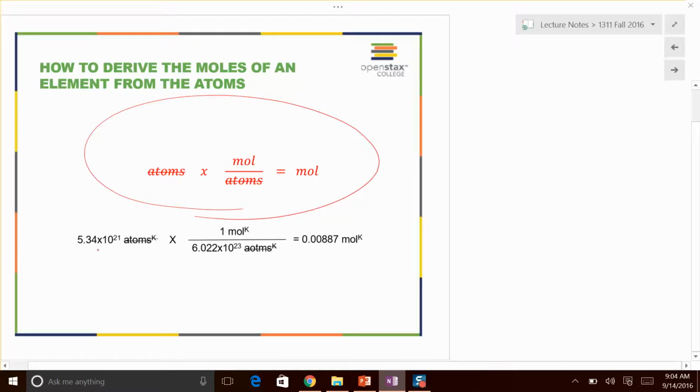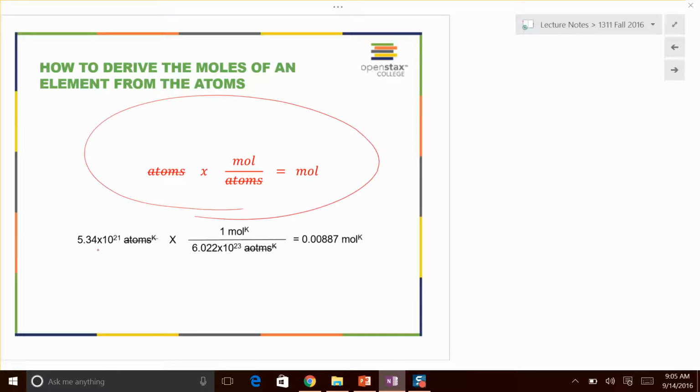So with actual numbers, I start with the amount that I have and use my conversion: 1 mole is on top, 6.022 times 10 to the 23rd atoms is on the bottom, and the atoms units cancel. So I'll take 5.34 times 10 to the 21 and divide it by 6.022 times 10 to the 23rd. And it will leave me with 0.00887 moles of potassium.